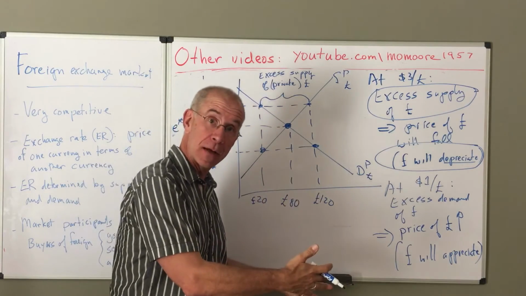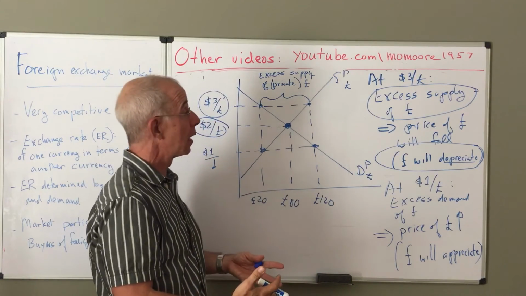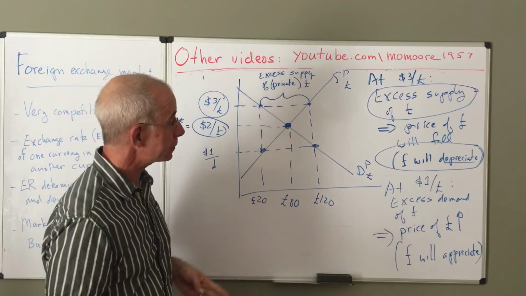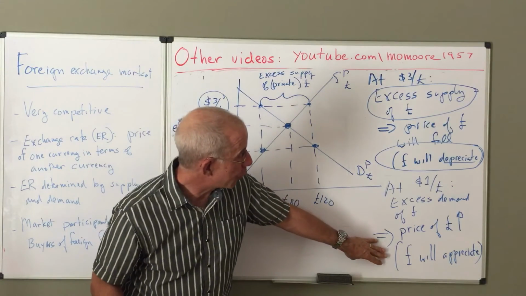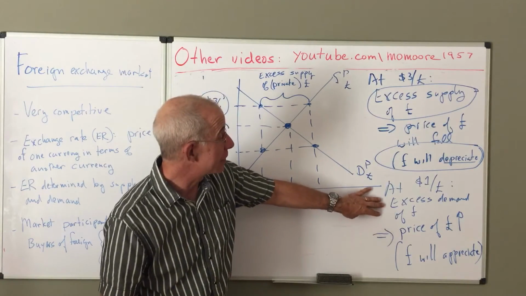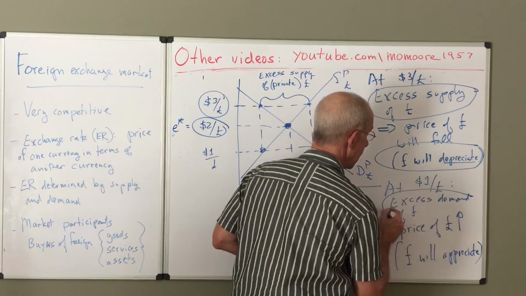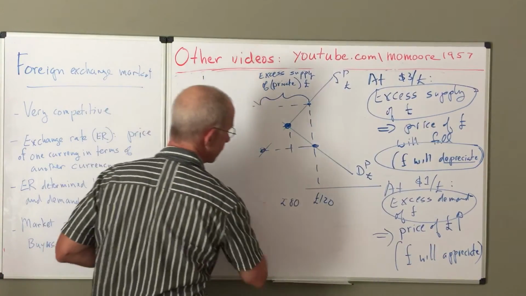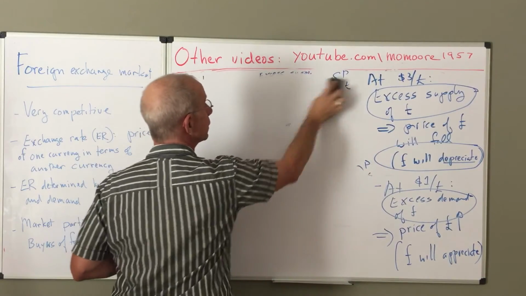There's more supply of that currency than there is demanded. If there's pressure for an appreciation of a currency, that means that there's excess demand. So I think this is important enough that I really want to write this separately, just to emphasize.